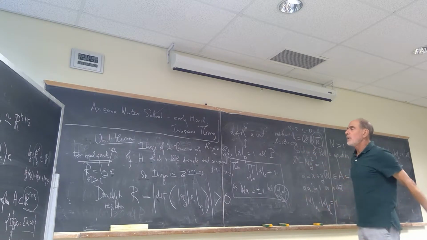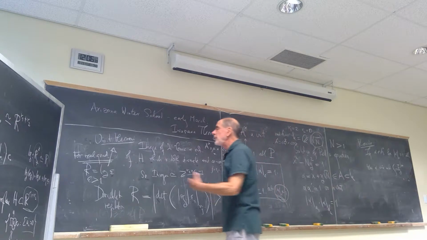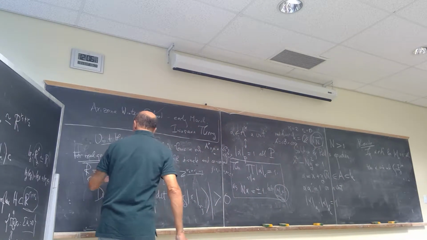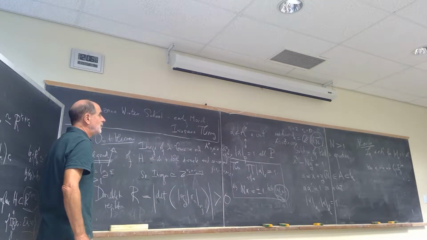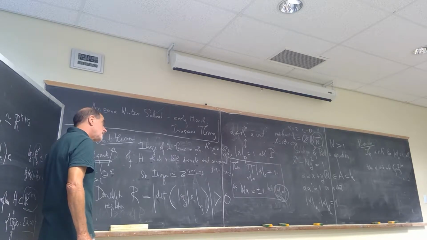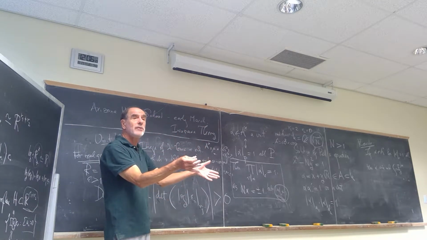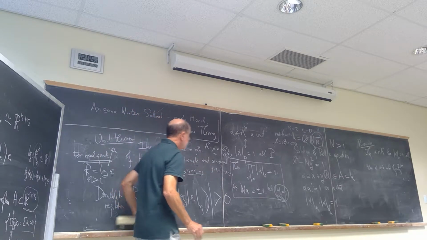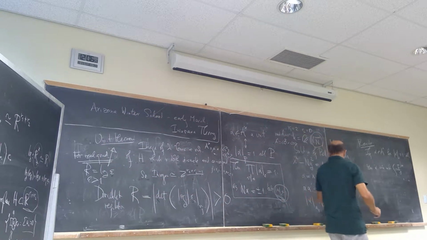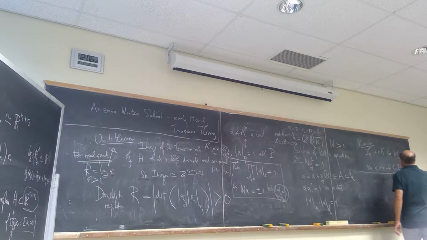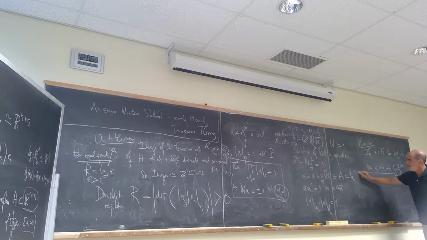Anyhow, that defines the regulator, and in the stupidest cases it's 1. In the first non-trivial case, it's just the log of the fundamental unit. Once you get to fields where the rank is 2, you're taking the determinant of a 2 by 2 matrix. Okay, so all that being said, I'll give you Dirichlet's class number formula.